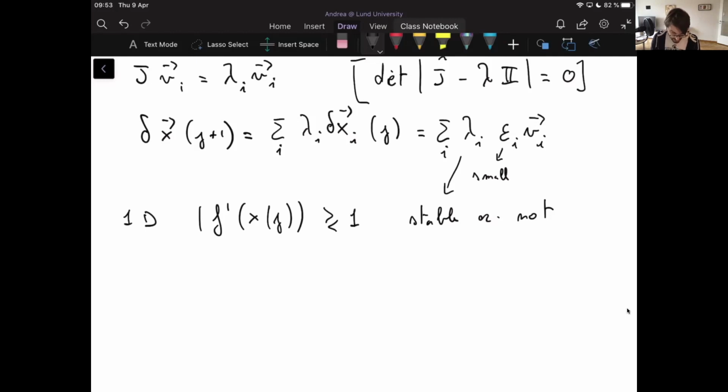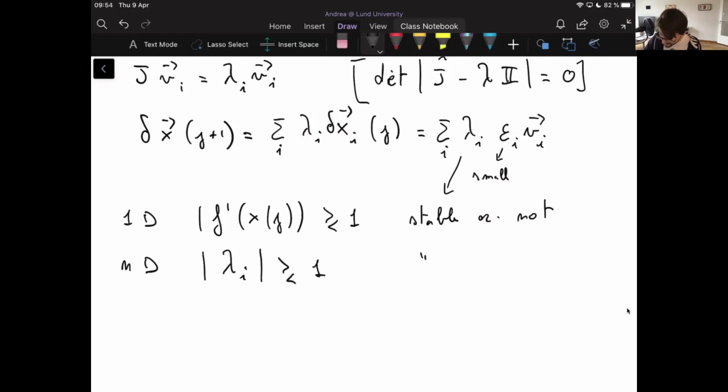But in this case, we have one for each of the eigenvector directions. So in ND, we have a lambda i, and each lambda will be greater or smaller than 1.